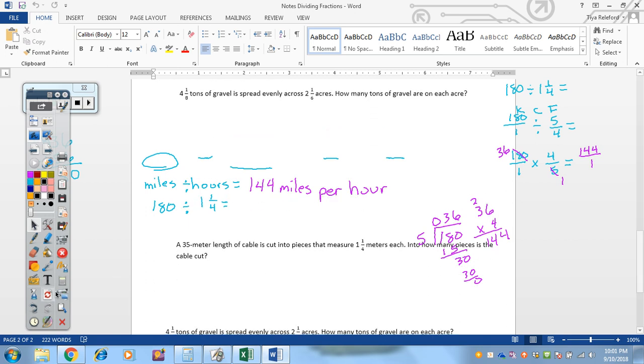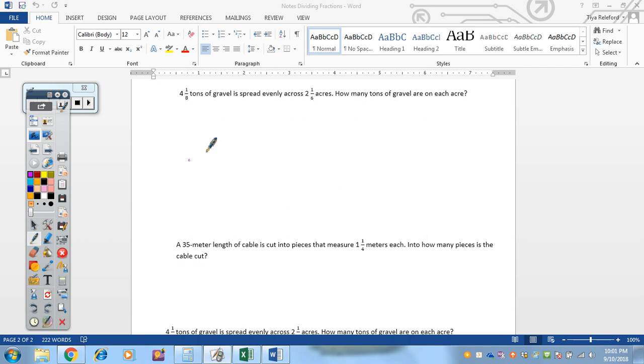All right. Now we have a problem about gravel. So wherever it is on your paper, find it. All right, 4 1/8 tons of gravel is spread evenly across 2 1/6 acres. How many tons of gravel are in each acre? So you are going to divide the gravel over the acres.